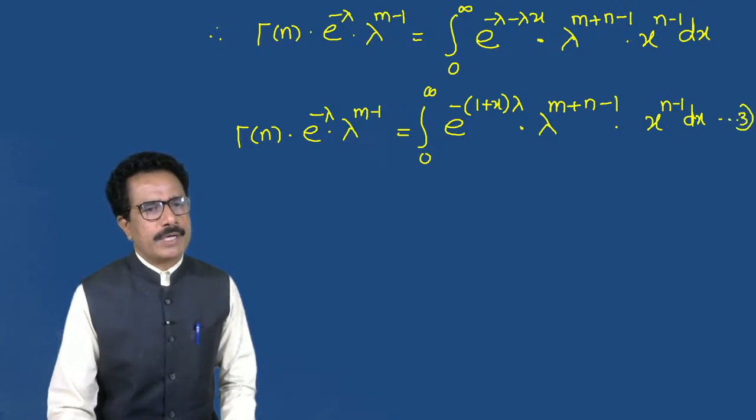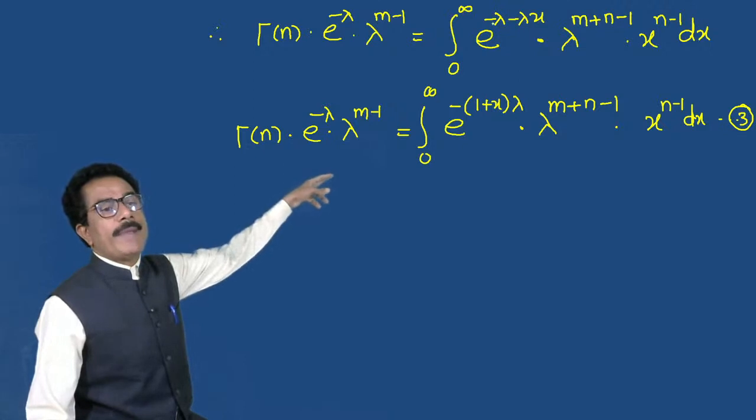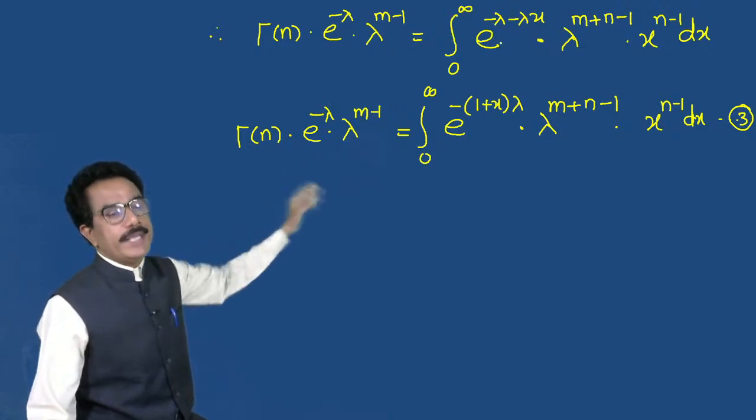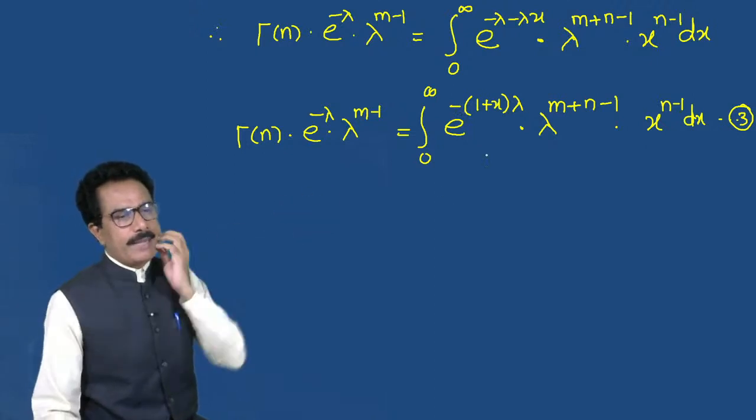Suppose this is equation number 3. Now what we have to do, we can take out a common minus lambda here in the index of e. So e raised to minus lambda times the bracket 1 plus x.